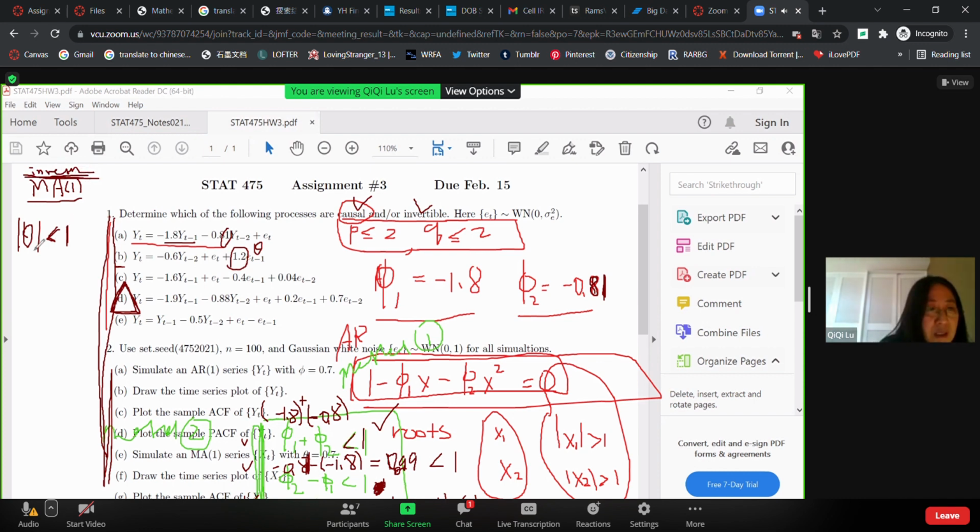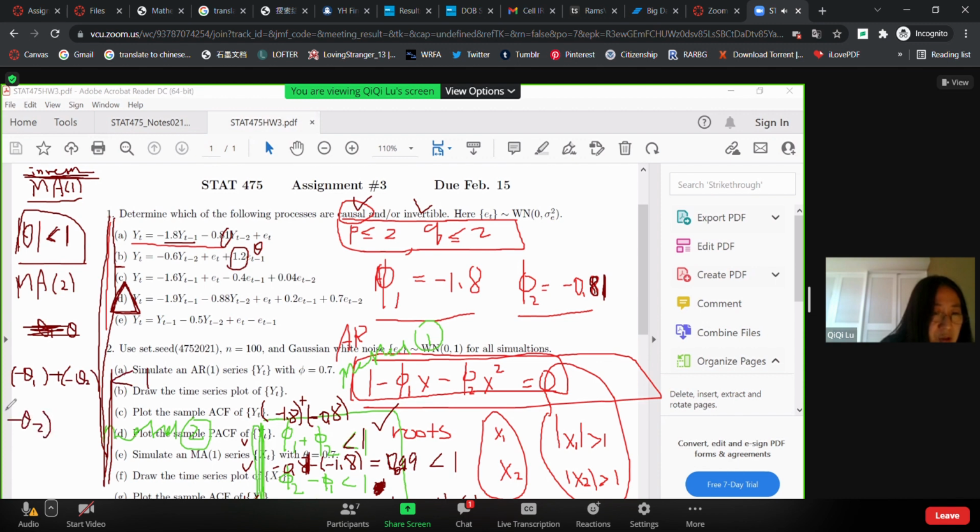So MA1, that's your condition, right? And if you have MA2, you need to check conditions. So negative theta1 plus negative theta2 less than 1, negative theta2 minus negative theta1 less than 1, and negative theta2 absolute value less than 1.